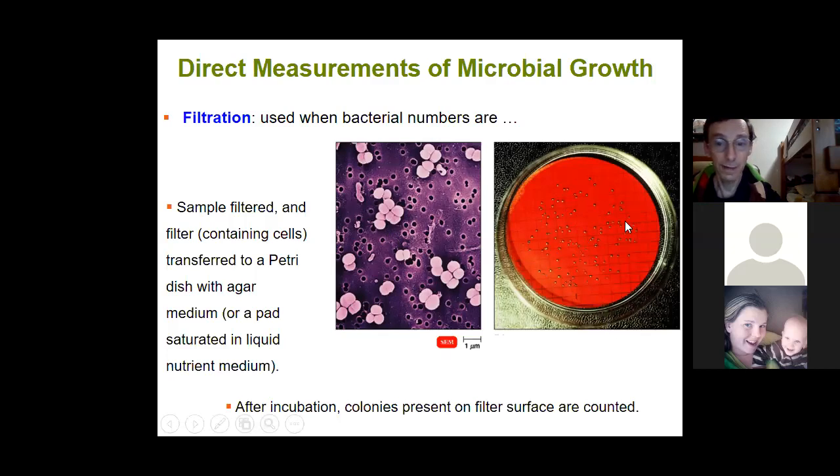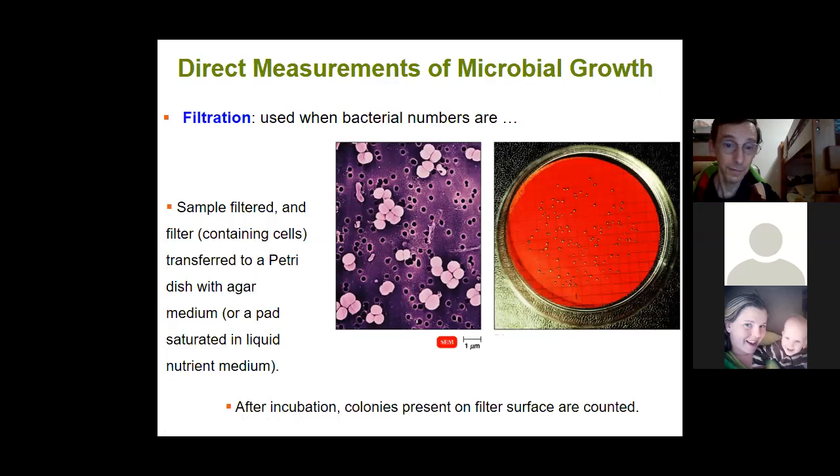And as you can see on this filter here, you can count those. I don't know, that's an awful lot, 100, maybe even 200. But the point is, if we only got 100 or 200 cells per gallon, for example, we would have to send it through a filtration and then make our count of cells.